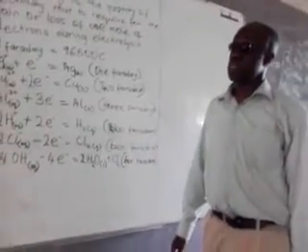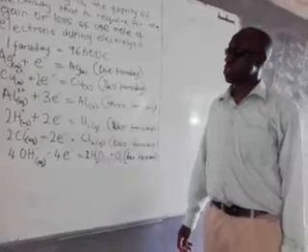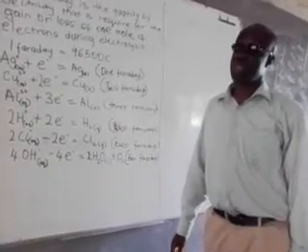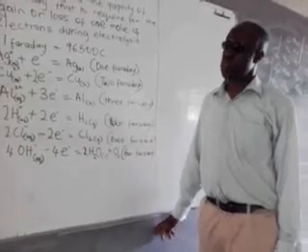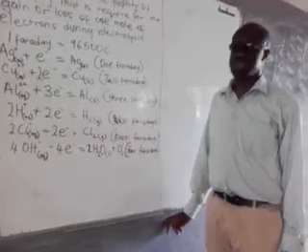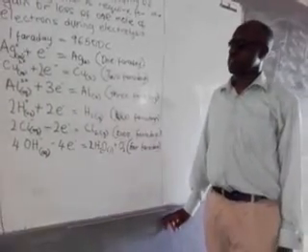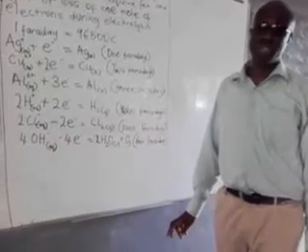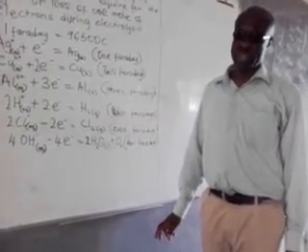I repeat, 2H+ aqueous plus 2 moles of electrons give us H2 gas, meaning that 2 moles of hydrogen ions will require 2 moles of electrons to produce 1 mole of hydrogen gas. So, in order to produce 1 mole of hydrogen gas during electrolysis, we will require 2 Faradays.